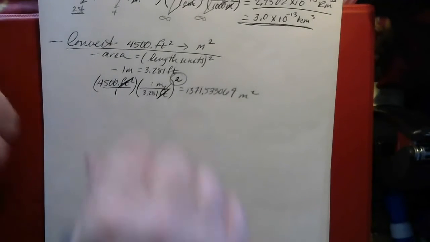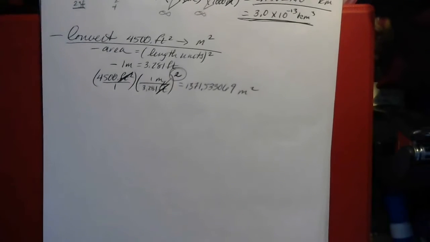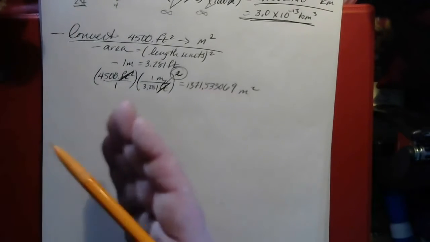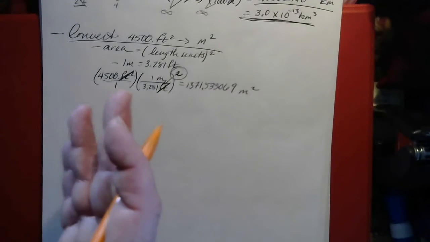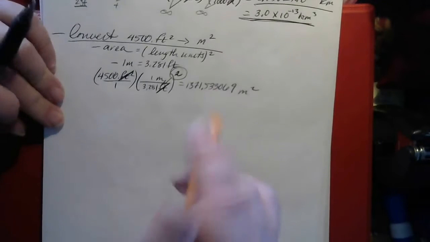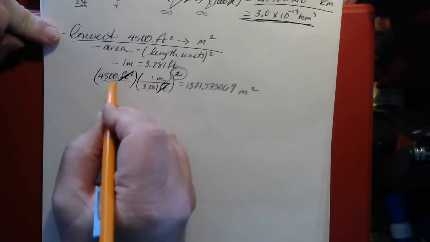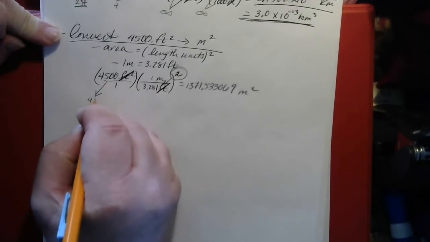I should also probably mention that when you're writing answers down on tests or quizzes, you don't have to write the answer your calculator gives you out completely, like I've been doing. You can, if you want to, decide how many significant figures you should have and figure that out directly on the calculator and then just write down the final answer. That's fine too. In this case, 4,500, notice it has a decimal point. That means these zeros at the end count, and that's 4 significant figures.